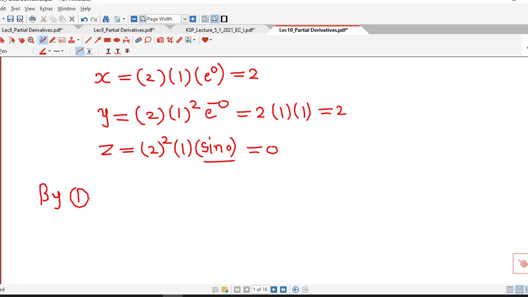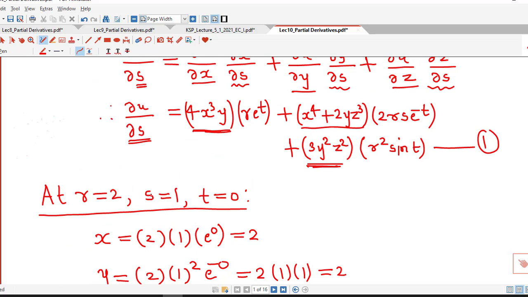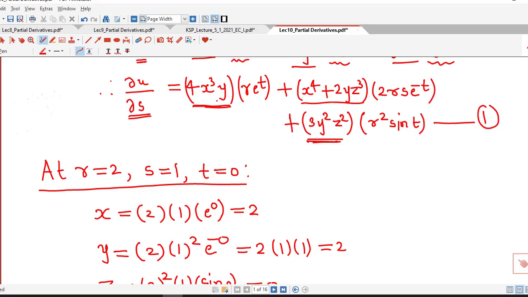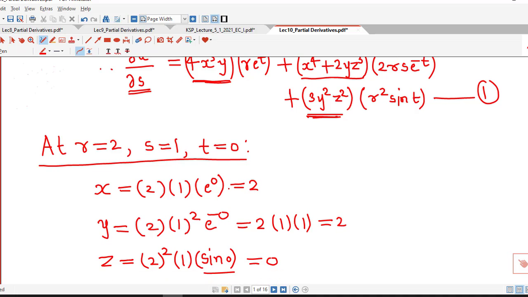So now we find out value of del u by del s at r equal to 2, s equal to 1, t equal to 0. Del u by del s equal to, so now here we will substitute values of x, y, z at r equal to 2, s equal to 1, t equal to 0.